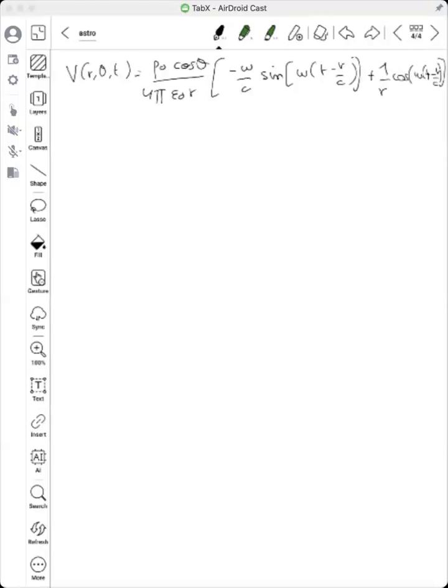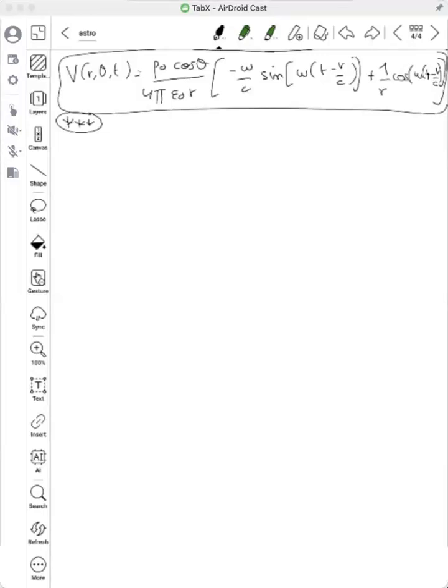Make sure we reach the same expression, okay? So this is the simplified expression for my potential. I'm going to put here an asterisk.